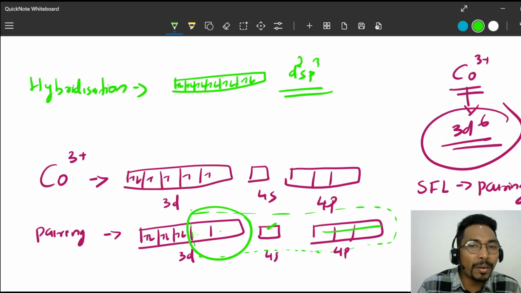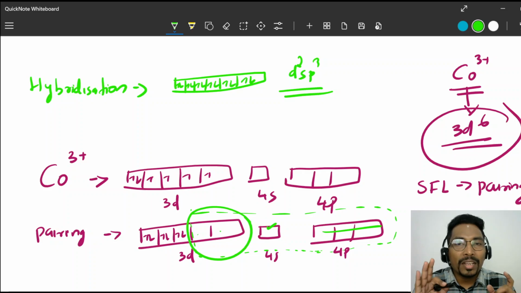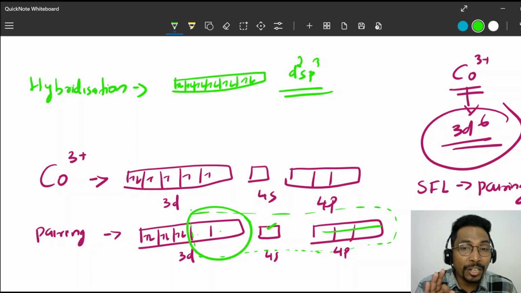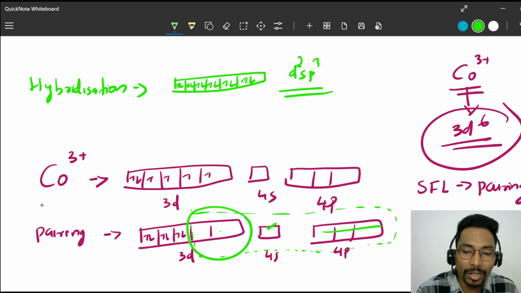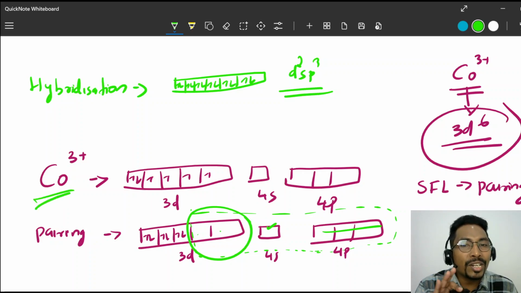So what you have to do, I am repeating again. First, get the oxidation number of the central metal atom. Then write the electronic configuration of that central metal ion like this. And check whether the ligand is weak field ligand or strong field ligand. If strong field ligand, pairing will happen, so arrange the boxes according to pairing.